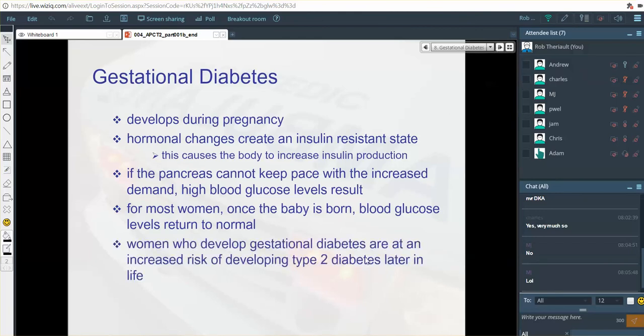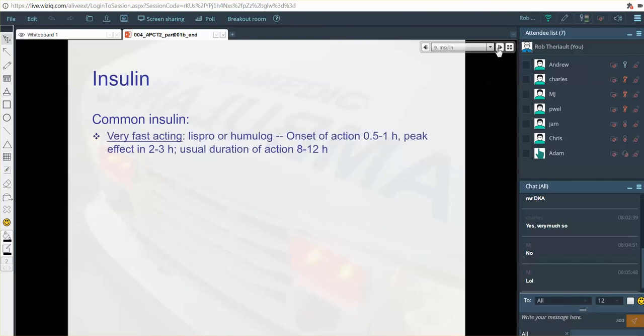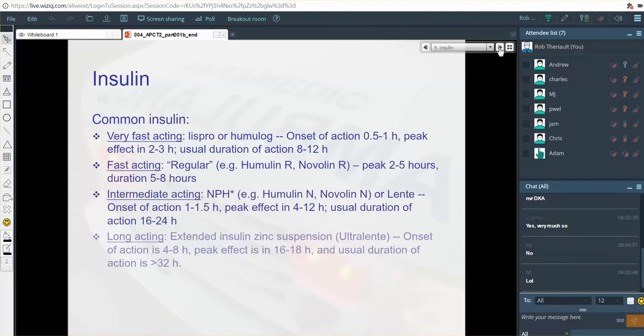So insulins, I'm not going to go through these. You should be familiar with the common insulins, but I would just review this at your leisure. But what I would say is, just a reminder that when you're looking at a patient's meds, if they give you a med list, particularly if they give you a blister pack with their med list, you won't see things on there like their puffers and their insulins.